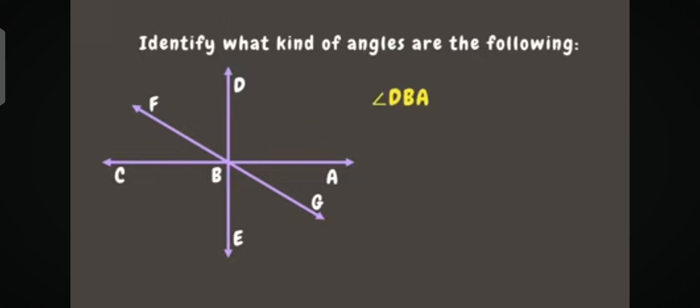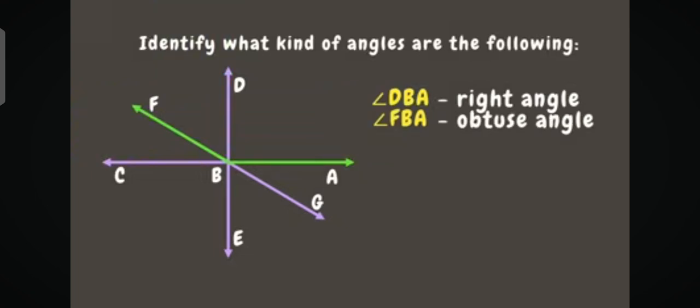Let's have angle DBA. It is a right angle. Next, what about angle FBA? It is an obtuse angle.